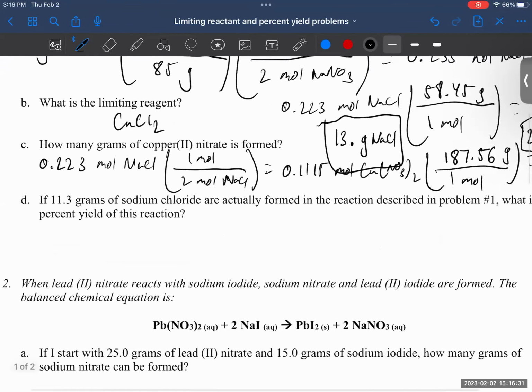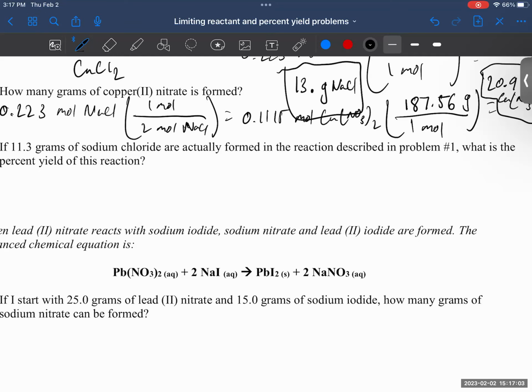What is our formula for percent yield? Somebody on Zoom. So what's our formula here? Percent yield. All right, we got our experimental divided by theoretical times 100, or actual over theoretical times 100, same thing.